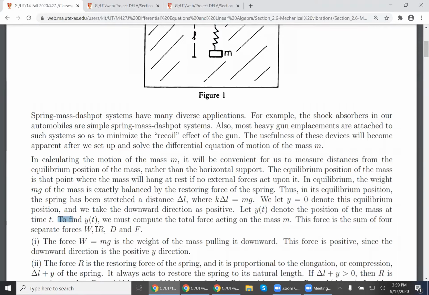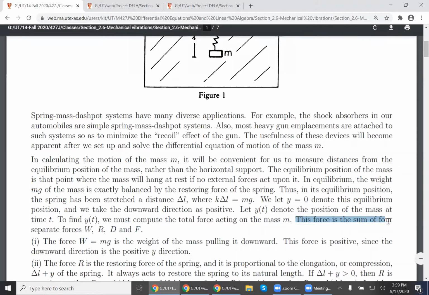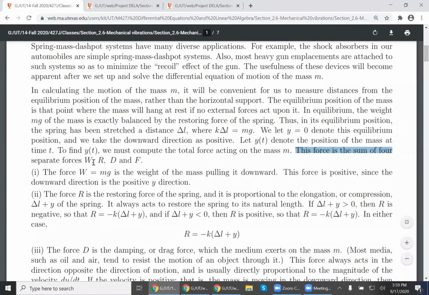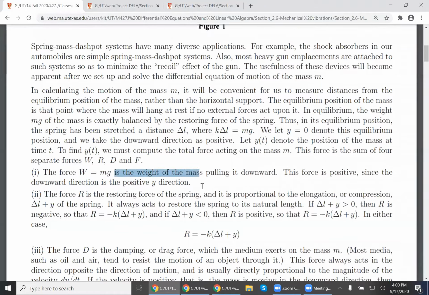Here's a general approach. To find y of t, we must compute the total force acting on the mass m. This force is the sum of 4 separate forces: W, R, D, and F. W, which is equal to mg, is the weight of the mass pulling it downward.